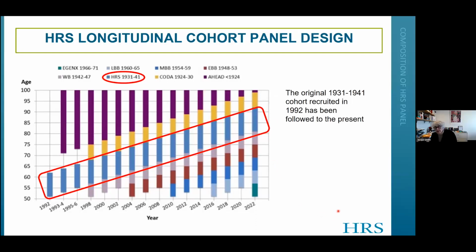So you'll see some papers in the literature that only follow the original cohort, because obviously they've been followed for a very long time. And you can see many people moving into retirement, starting to have more health difficulties, many of those sorts of things.